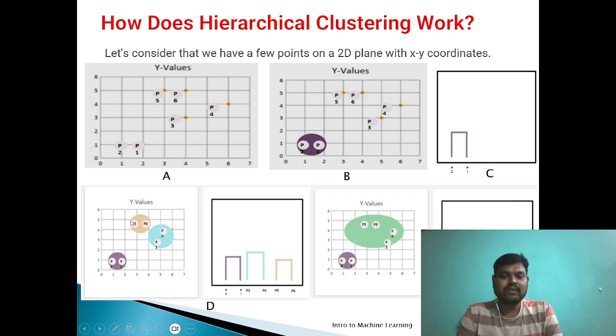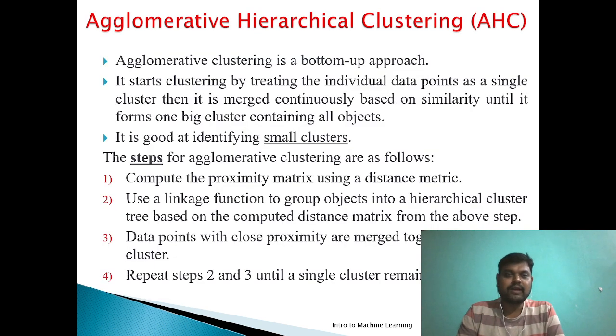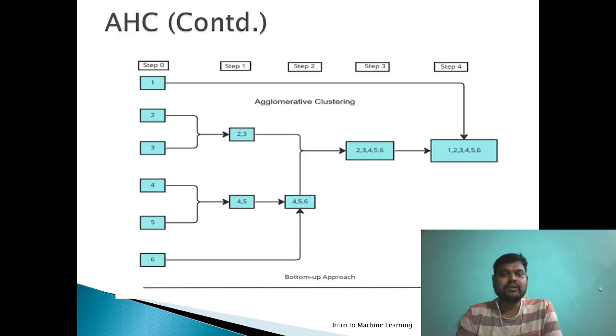Similarly, 5 and 6, and 3 and 4 will be joined to form 3 clusters. Then you can also group these 3 together to form the root node. So this is how hierarchical clustering will be implemented, right? Agglomerative clustering is a bottom-up approach, whereas a divisive approach follows a top-down approach, right?